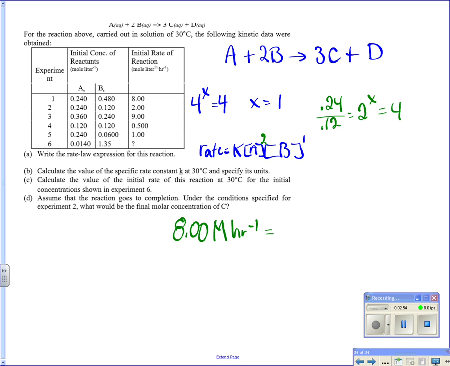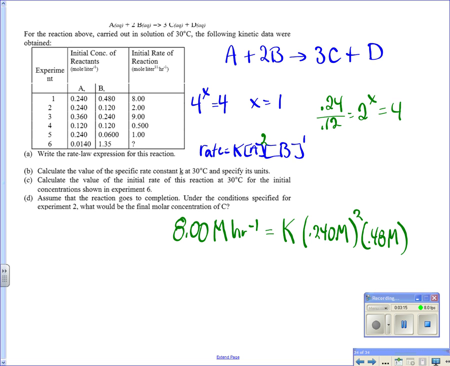And so that's going to equal K. I'm going to take the value for A, which is 0.24, and that's molarity, raised to the second power. And then B, 0.48, and that's also molarity, raised to the first power.